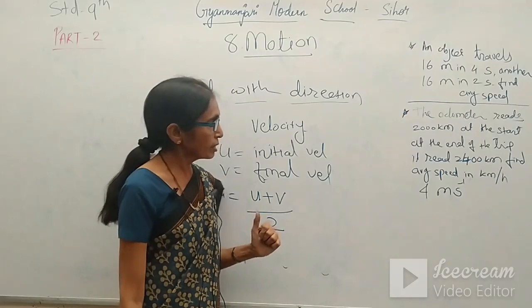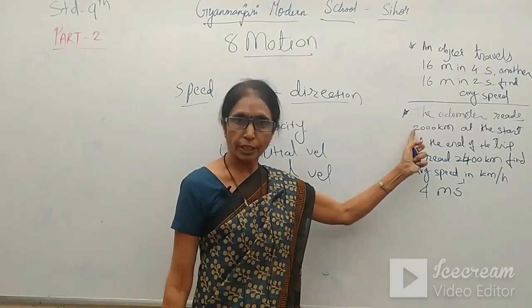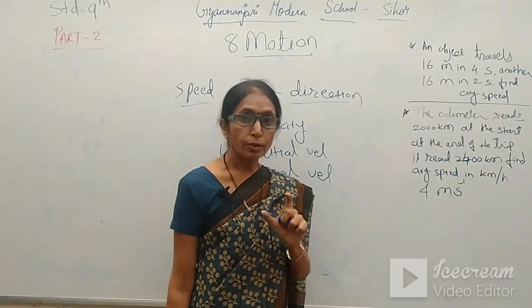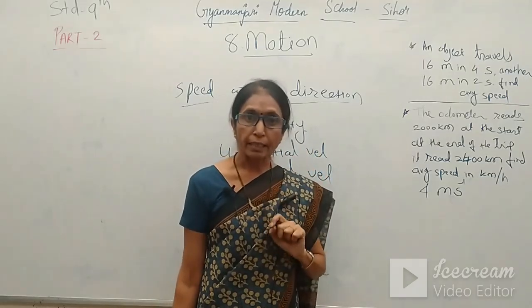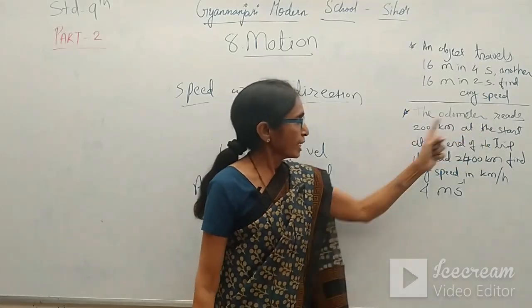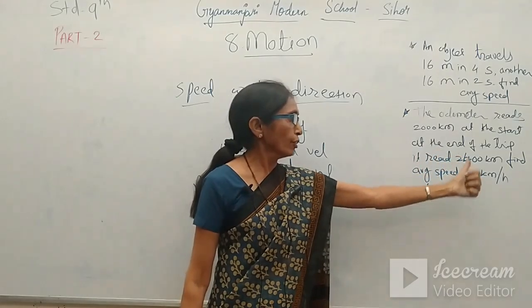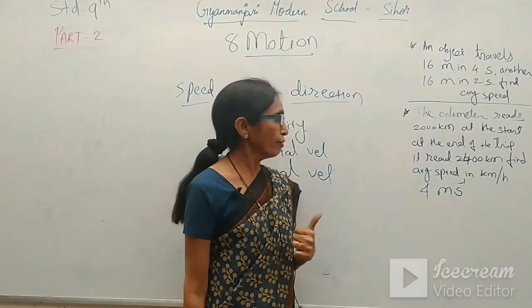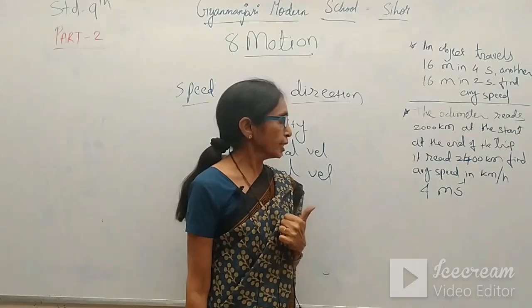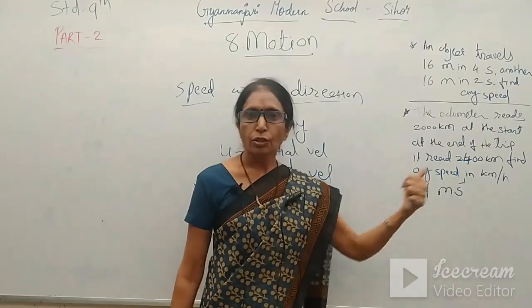I have written one sum here. The odometer reads 2000 kilometers at the start. The odometer gives the distance covered by a specific vehicle. At the end of the trip, if it reads 2400 kilometers, we have to find the average speed in kilometer per hour and meter second raised to minus 1.